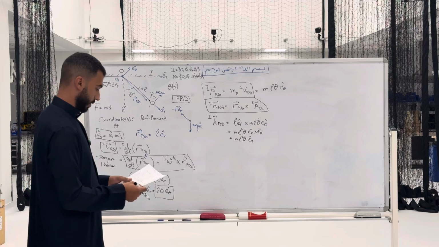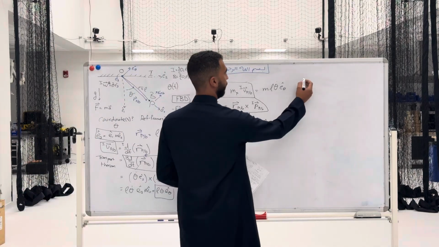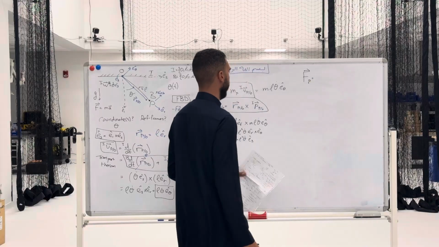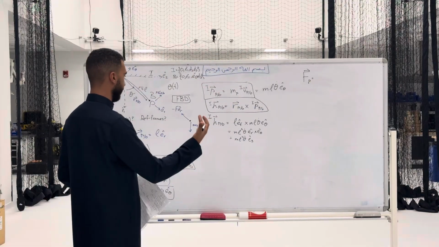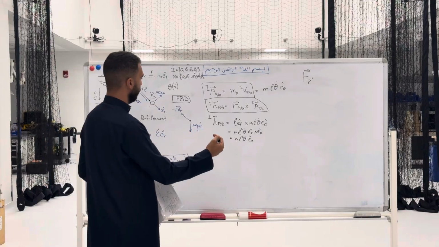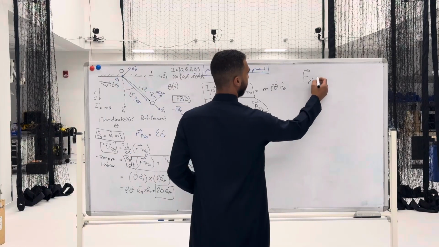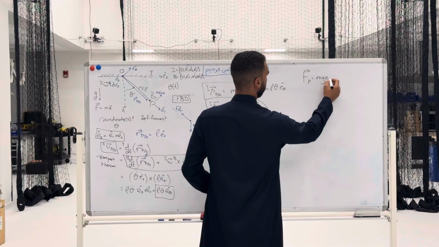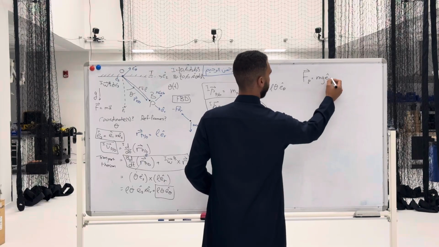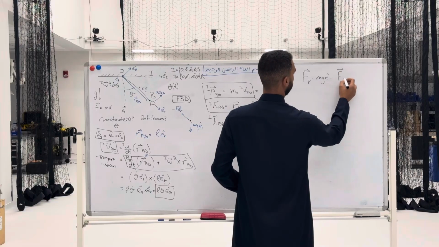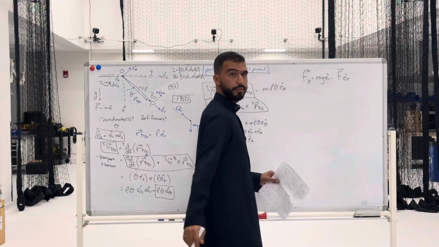Okay, let's sum the forces on the particle. Let's represent it as a vector. So what do we have? You can just say it's mg in the E1 direction, right? Minus tension times the ER direction, right?